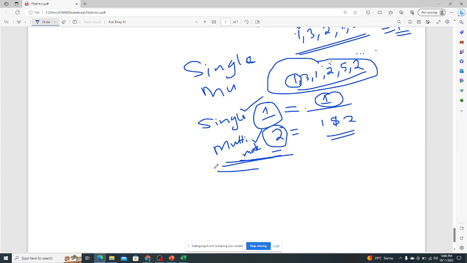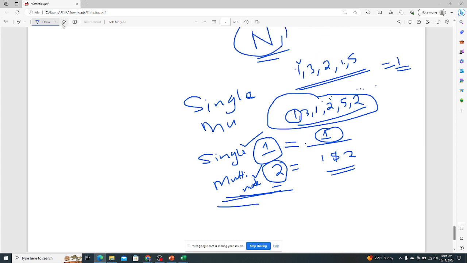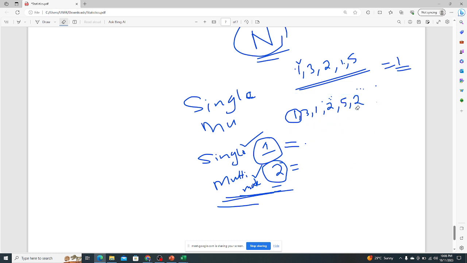So, when I was explaining this, in case you are given this kind of data, and they ask you for a single mod, then the first value which occurs more than once becomes your single mod. So in this case it will be 1, even though 2 is occurring more than once, but it is not the first value to occur more than once.